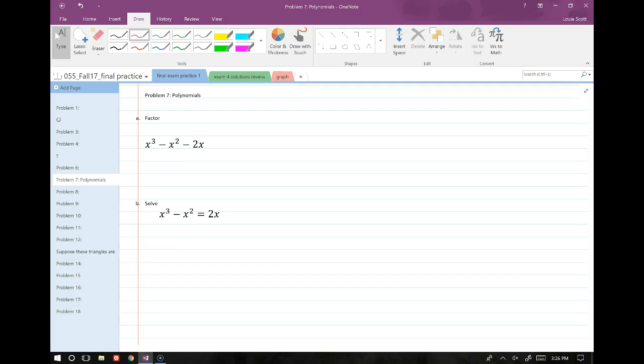All right, so in the first one, we're just factoring completely, and in the second one, I actually want you to solve and tell me what x has to equal.